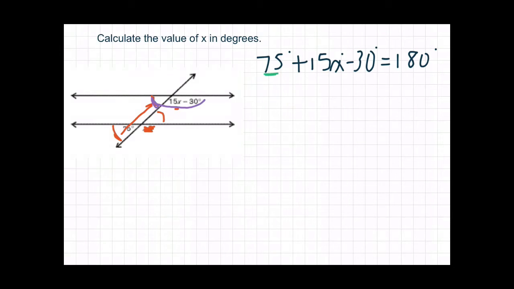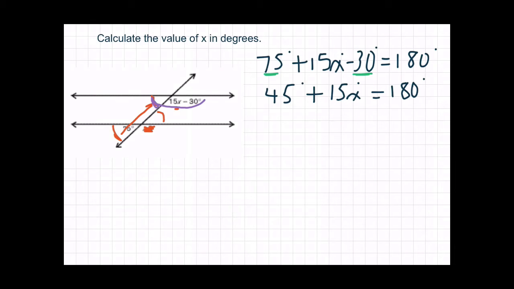This guy is very similar to this guy, so I'm going to add them together. If I'm not mistaken, I believe 75 take away 30 is 45, so that is 45 degrees plus 15x equals 180 degrees.